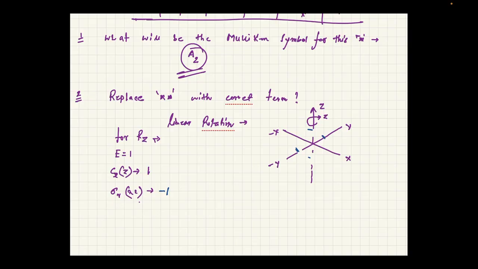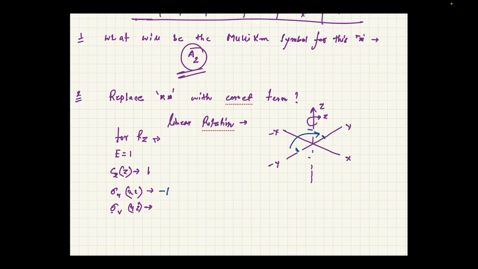Now again sigma v yz. Let's say yz means the vertical plane containing the z axis and the y axis. And Rz means rotation along the z axis, clockwise.